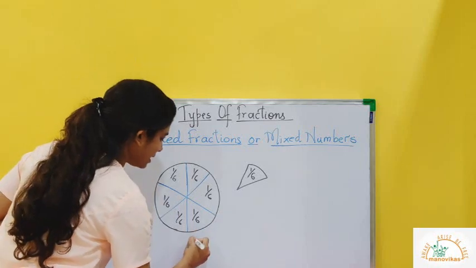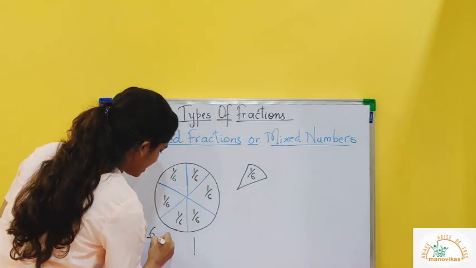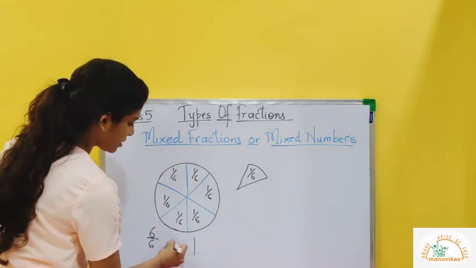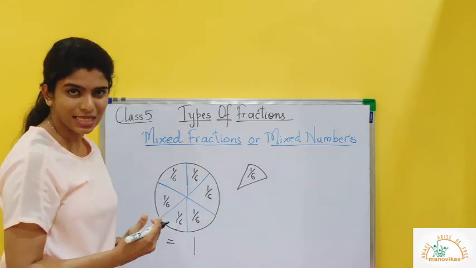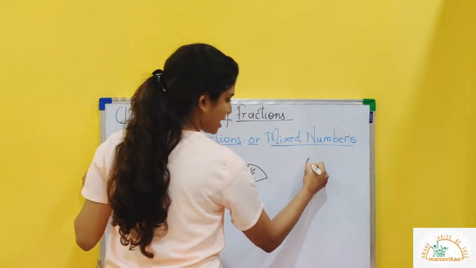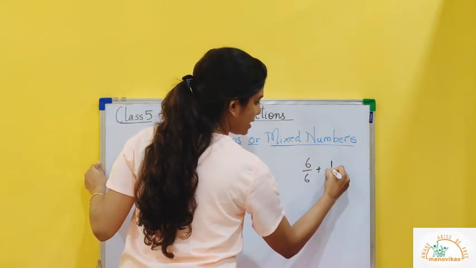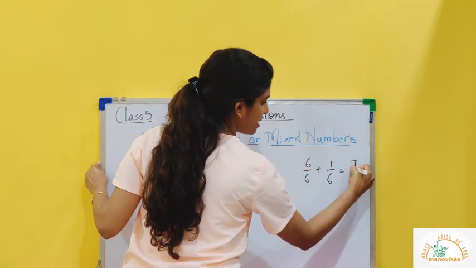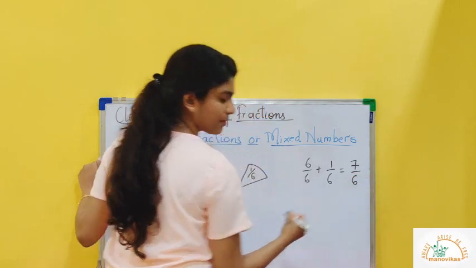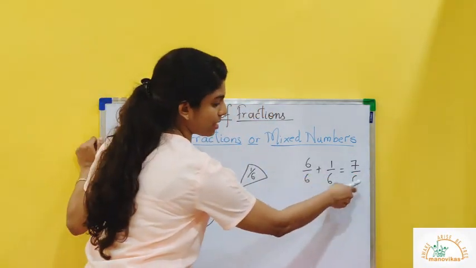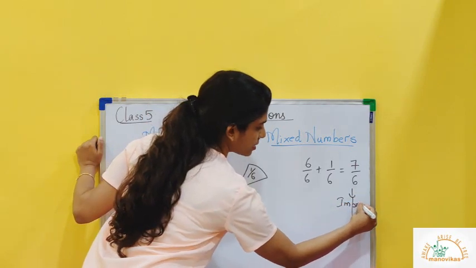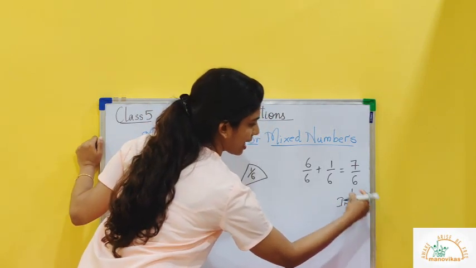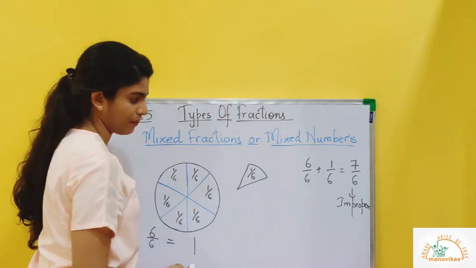So the whole thing is 1. So I have 6/6, right? Which is also equal to 1, plus I have 1/6. So 6/6 plus 1/6 will give me 7/6, right? So this is an improper fraction wherein the numerator is larger than the denominator.